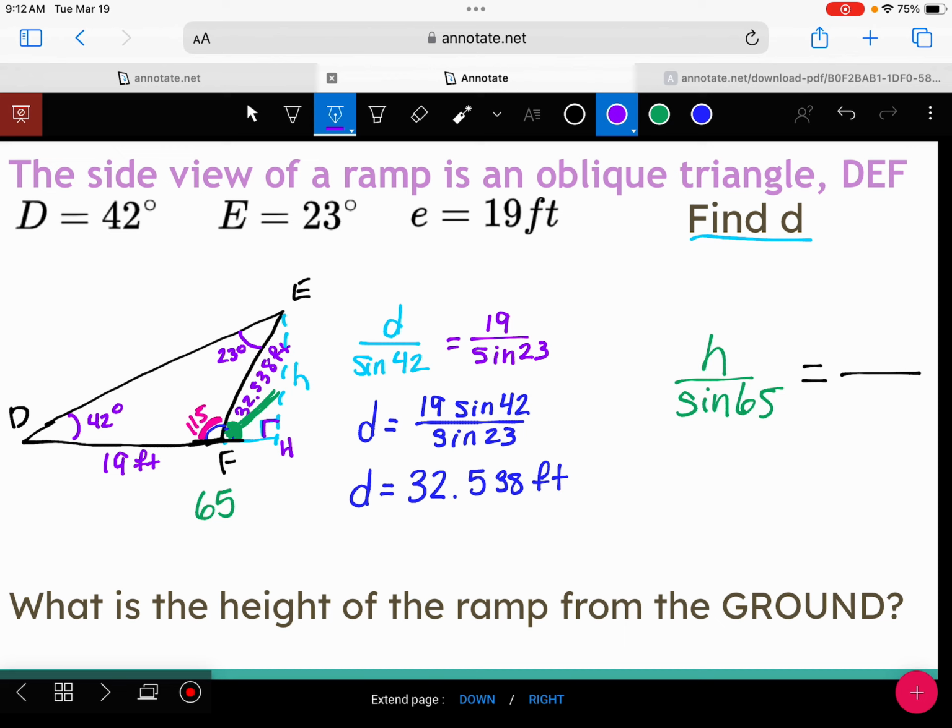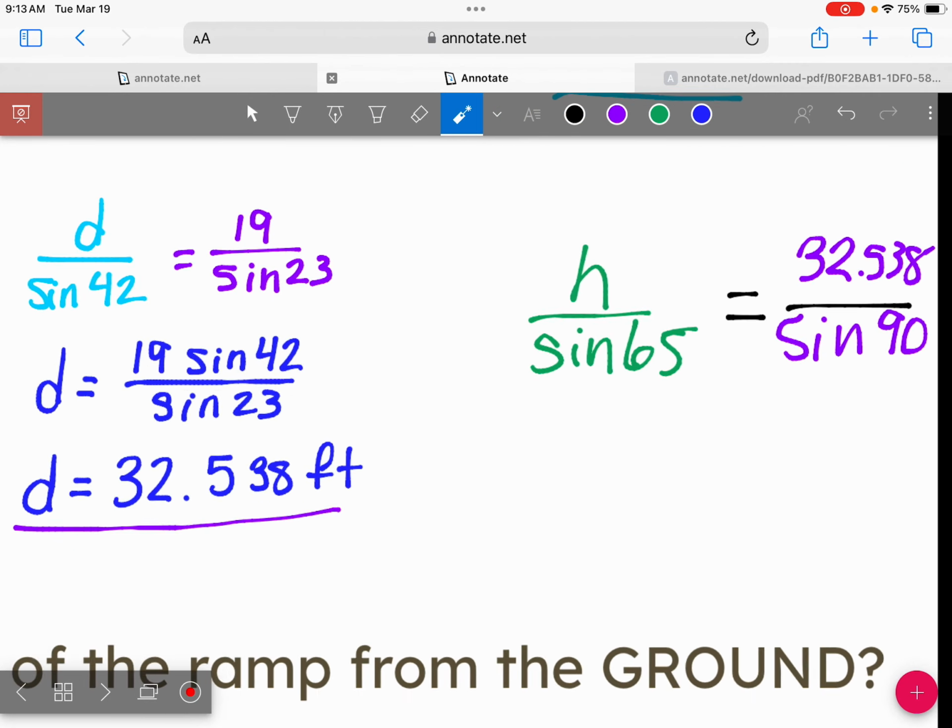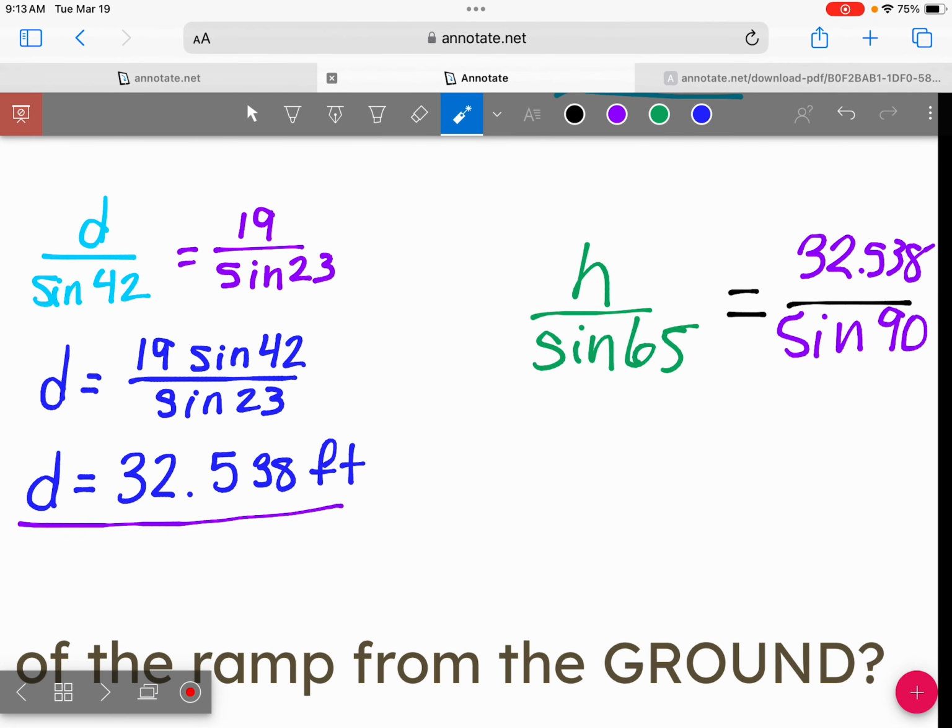So our side was side D, 32.538, and our angle is 90. So we can use it even on right triangles out here. This is totally fine. We can still use law of sines on right triangles. It's just kind of a complicated way to do it. So how high is this off the ground?